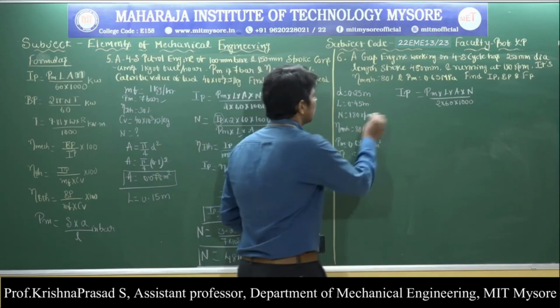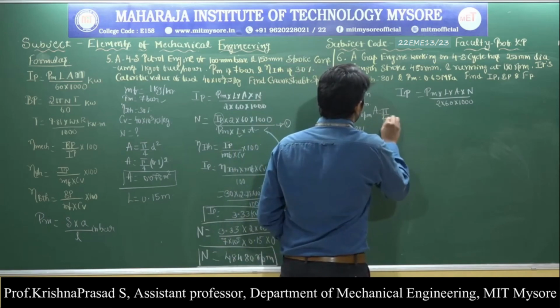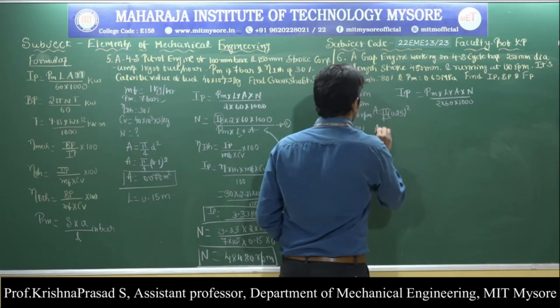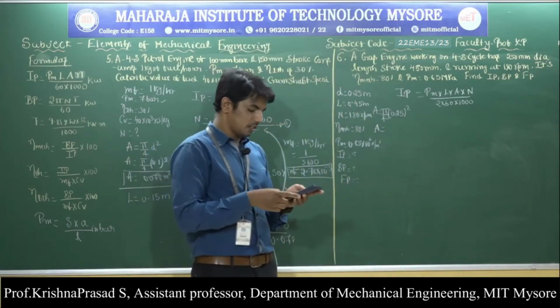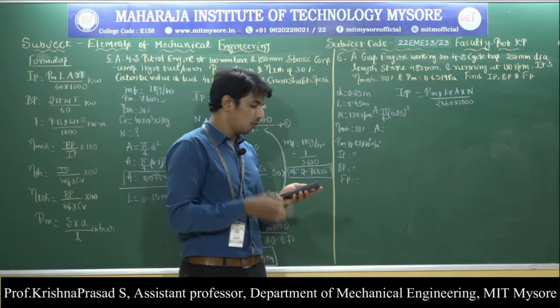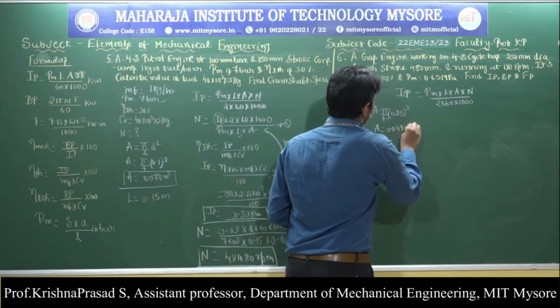Calculate the IP. Area is equal to 0.25 whole square into pi divided by 4, which is equal to 0.049 meter square.